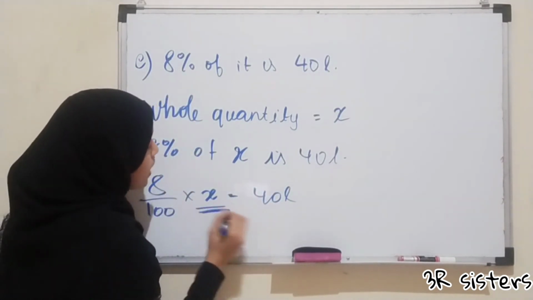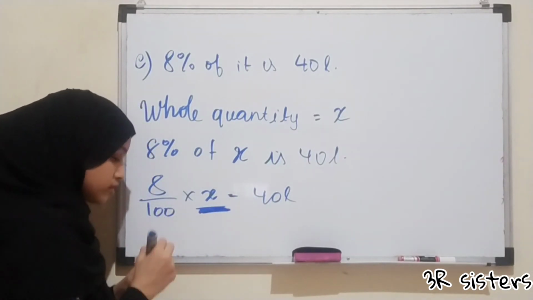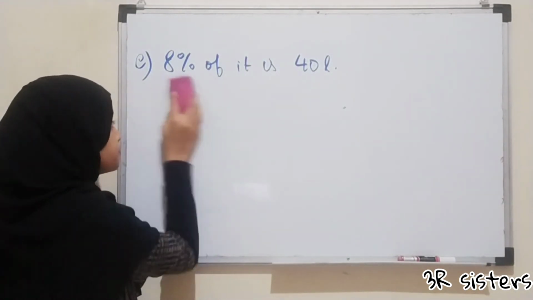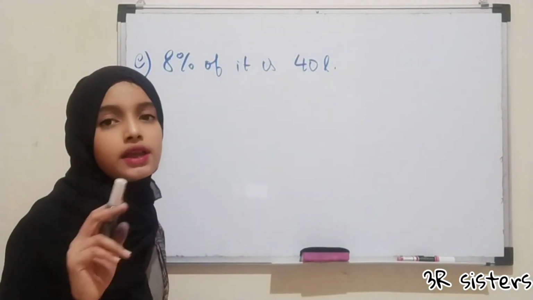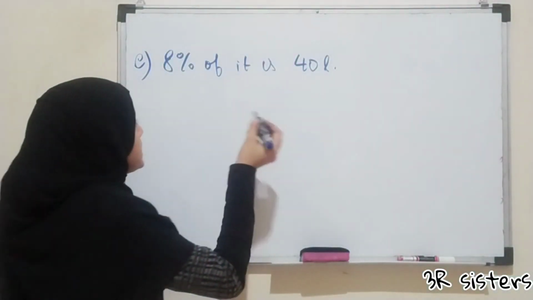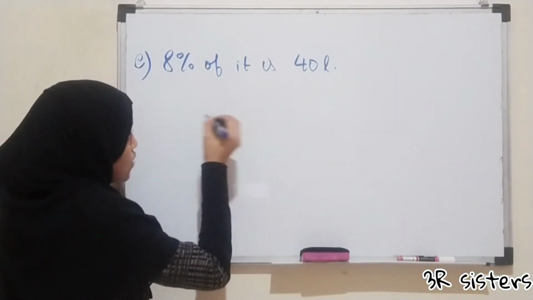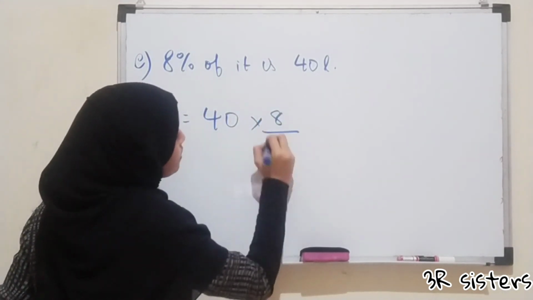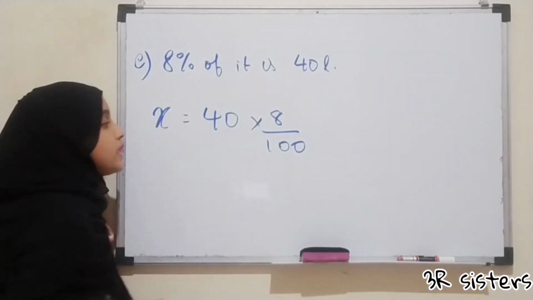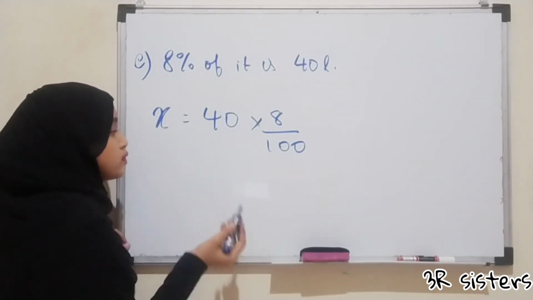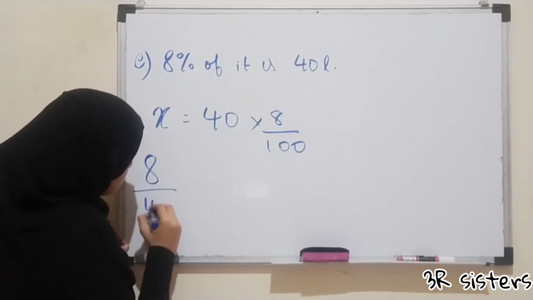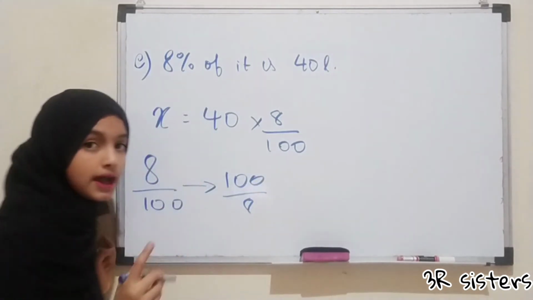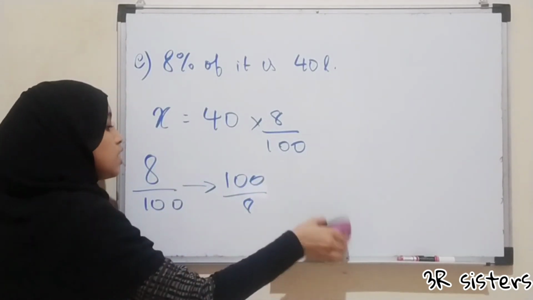Now we have to find the quantity for this x. So now how will we find the quantity? For finding the x quantity, we have to write x is equal to 40 into 8 by 100. But before moving forward, there's a mysterious thing to do. Can you remember what is it? 8 by 100 change into its reciprocal is 100 by 8. Okay.